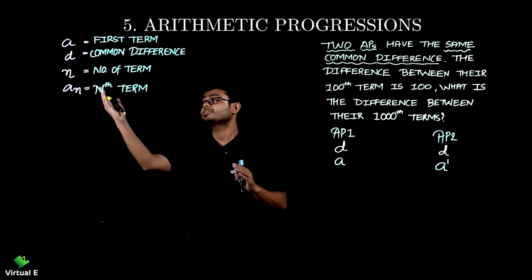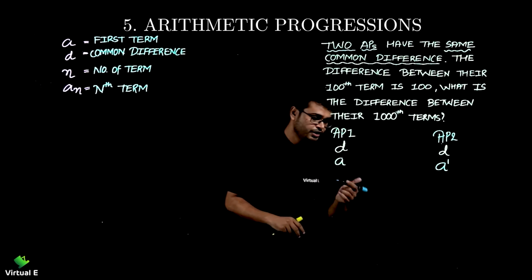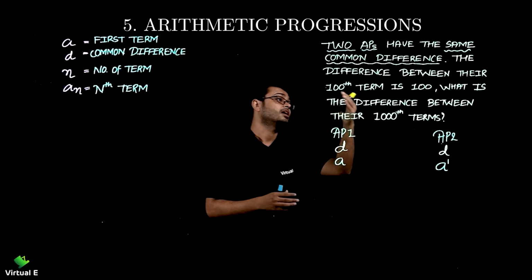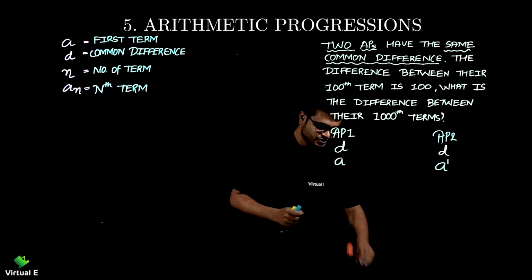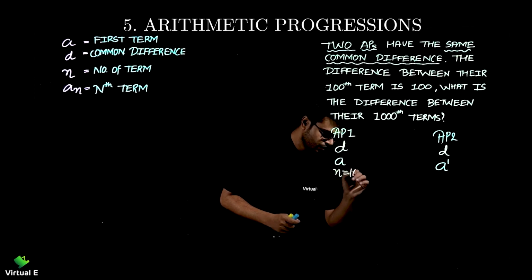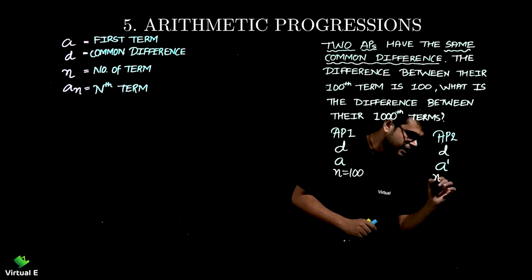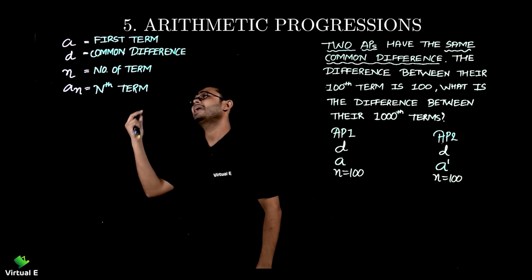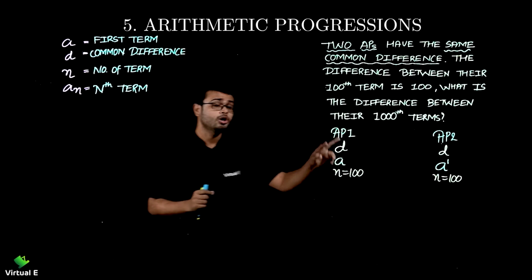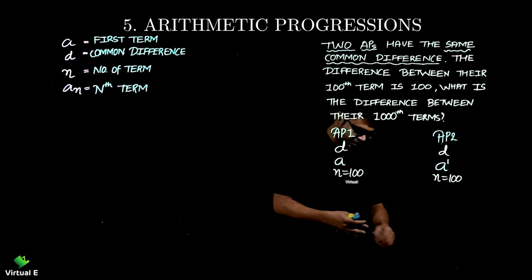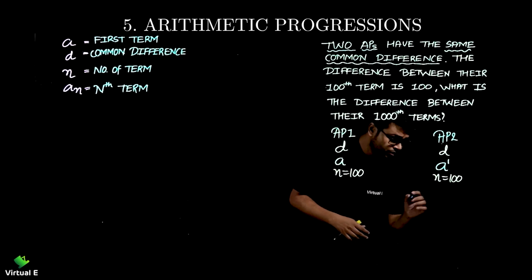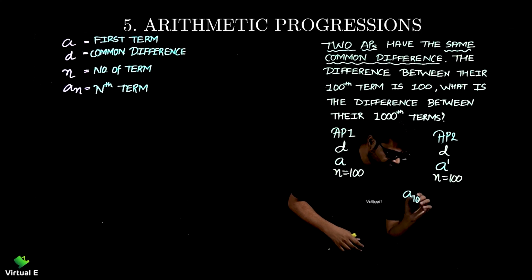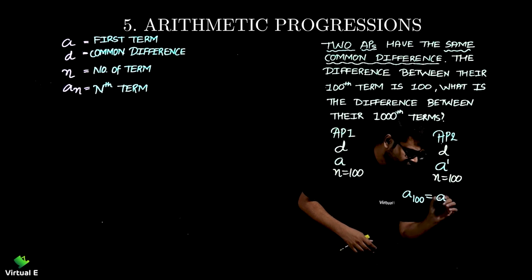Now let's talk about the value of n. We know very well that the value of n is 100 for both of them. So let's write n is equal to 100, and here also n is equal to 100. So let's apply the formula and get the 100th term for both APs. Let's start. First of all, I'll do it for this one, AP2, which is a_100 is equal to a dash plus (n minus 1) into d.